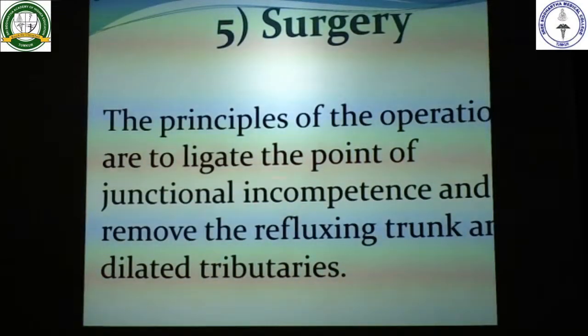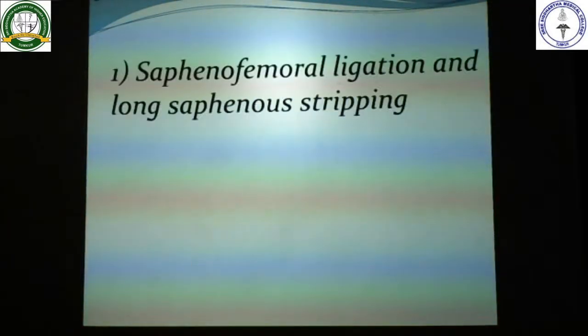You have to ligate the junctional incompetence, the saphenofemoral or saphenopopliteal junction, and remove the refluxing trunk. That means whether it is the long or short saphenous vein, if there is reflux there, you have to remove that whole trunk and also the dilated tributaries. If other venous bunches are there, you have to remove them.